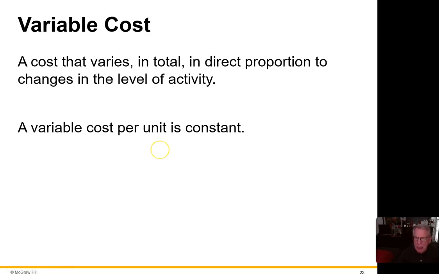A variable cost is a cost that varies in total in direct proportion to the changes in the level of the activity. The variable cost per unit is constant. However, the more we make, the higher our variable costs in total will be.